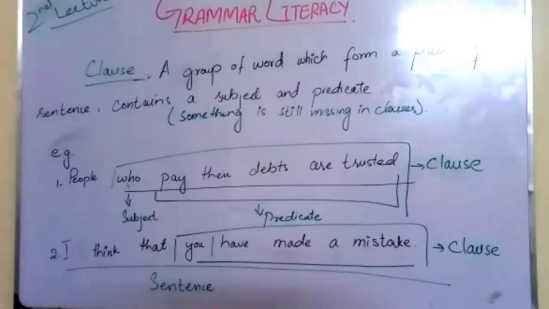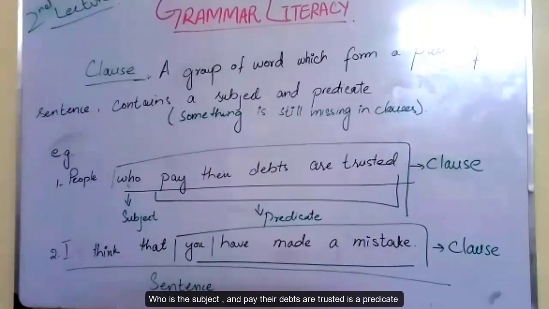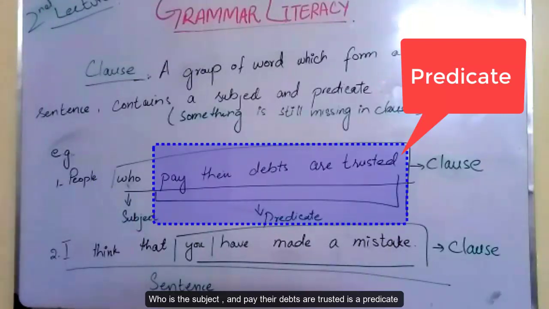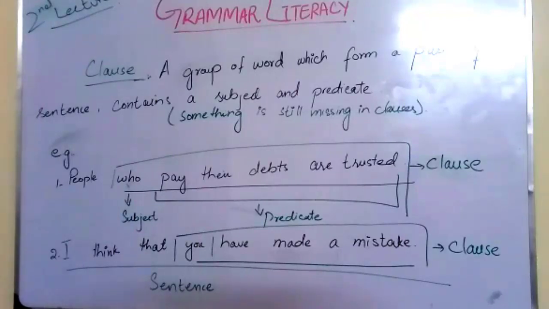Now coming to the part of the sentence, who pay their debts are trusted. Here who is the subject and pay their debts are trusted is a predicate. Subject is the doer of the action and the rest of the sentence is called the predicate, or that which the subject addresses.